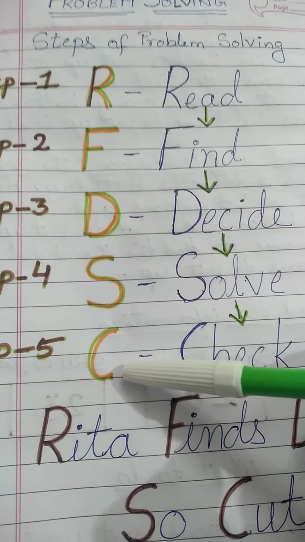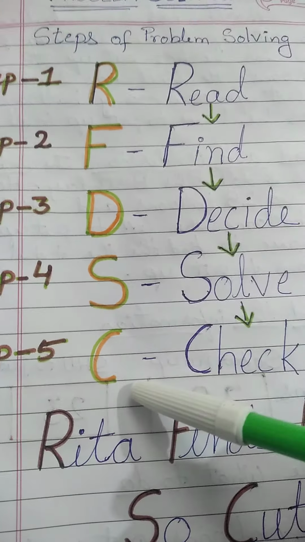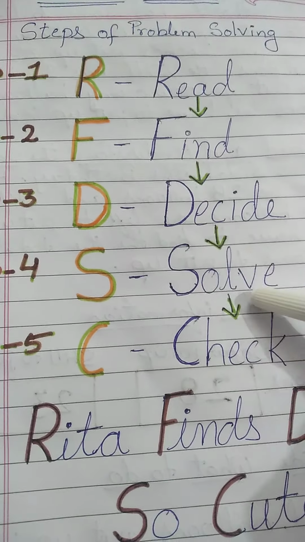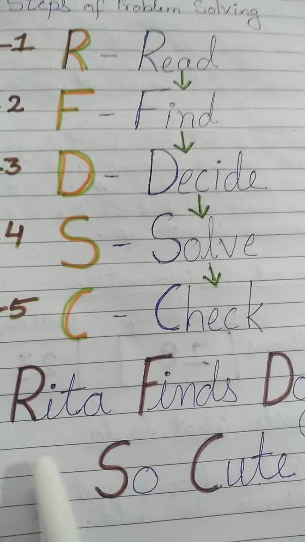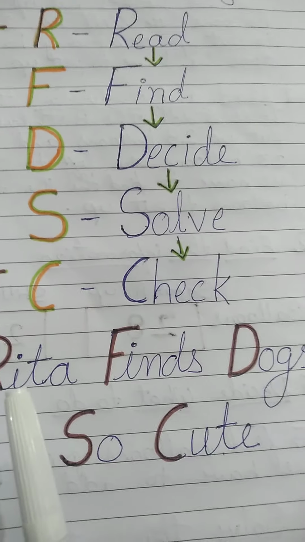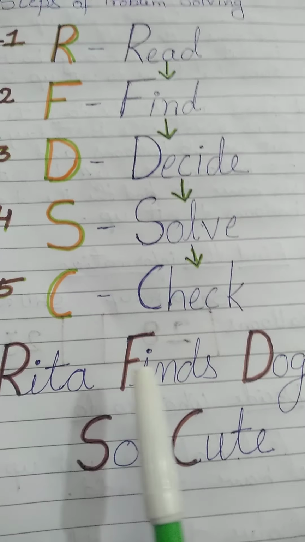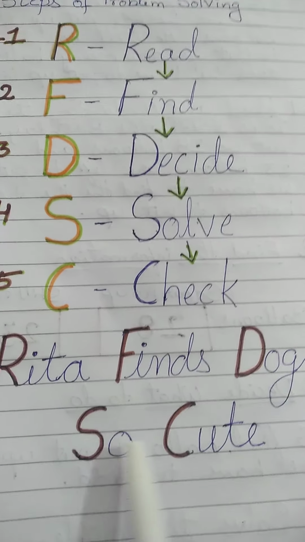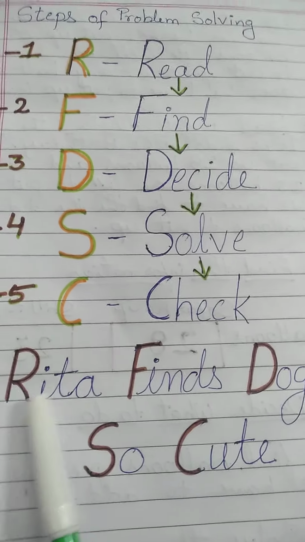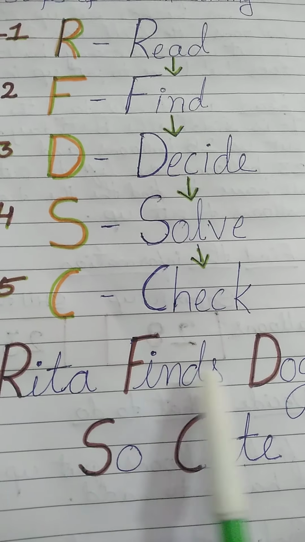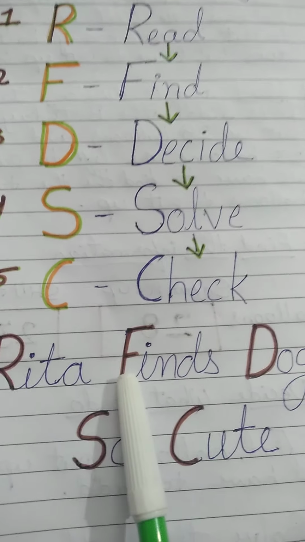RFDSC. To remember the first letters of the steps read, find, decide, solve and check, there is a sentence made to remember them. Rita finds dogs so cute. Here in Rita, R stands for read. In finds, F for find.